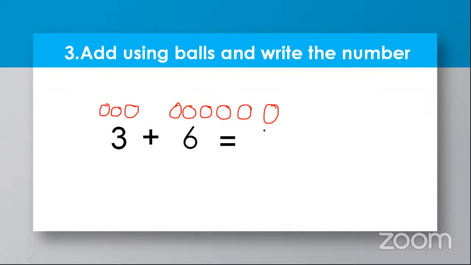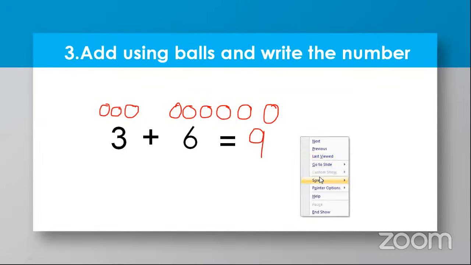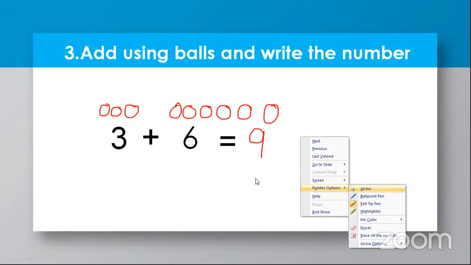Yes, you are right. So we are going to write our number 9 here. Thank you very much. You can see the exam was so easy, very easy. Let us continue.